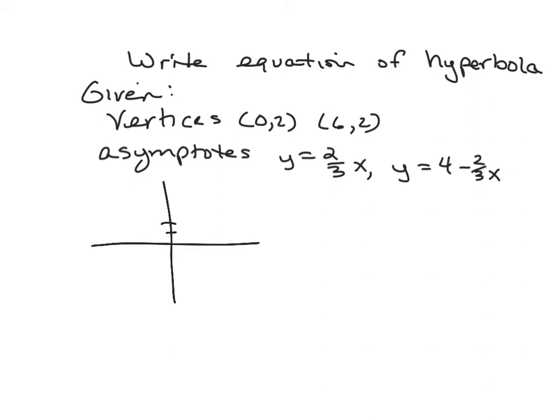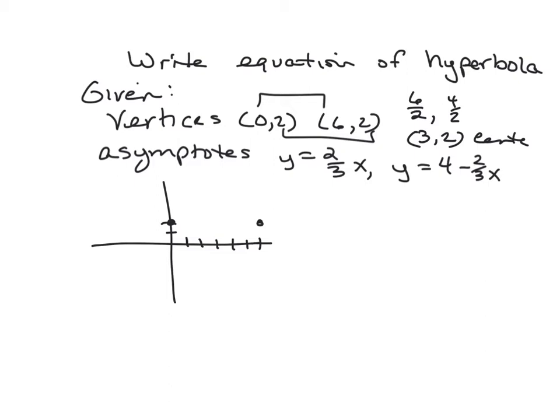I have a vertex at 0, 2 and another one at 6, 2. Those are my vertices. I can find my center point by finding the midpoint: add the x's, add the y's, and divide by 2. 0 plus 6 is 6, divided by 2 is 3, and 2 plus 2 is 4, divided by 2 is 2.